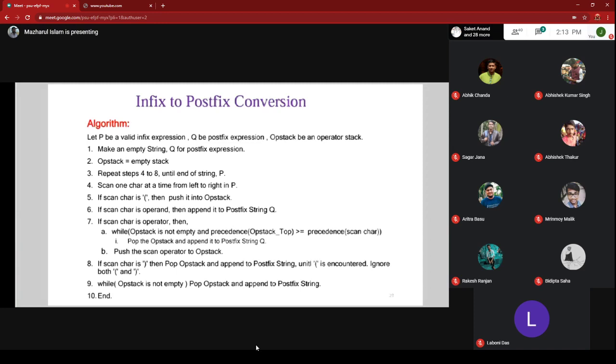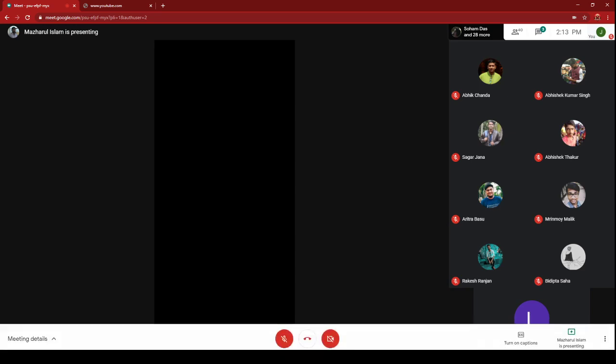Moment you see the right bracket as your scan char, you have to pop from the top of the stack until you go to the position of the left bracket, and after reaching the left bracket, you will simply ignore that character.